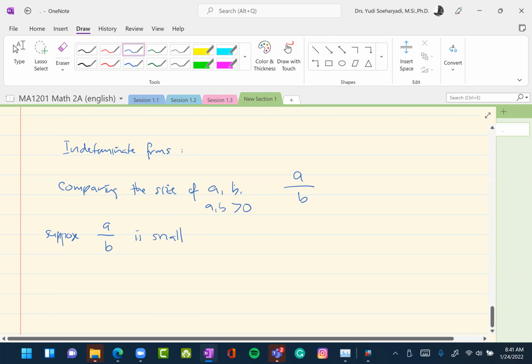Yes, that means if it's small, then B is larger. Oh, sorry. If this is small, sorry, this is large, then the other way around, right? So A is larger than B.